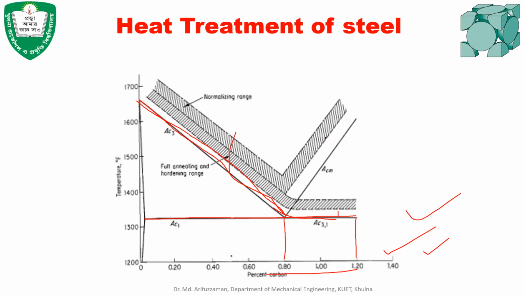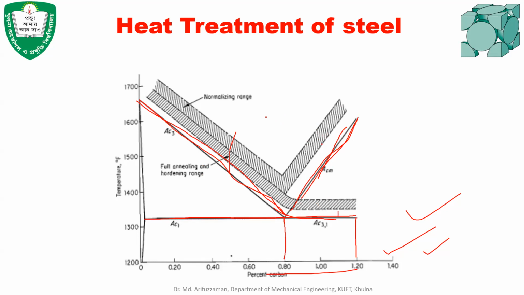But if you want to do the normalizing, then the upper critical temperature line is defined by this line. So 50 to 100 degrees Celsius above this line, you have to heat it up to form 100% austenite. That means for annealing, I'll talk about the annealing and normalizing.